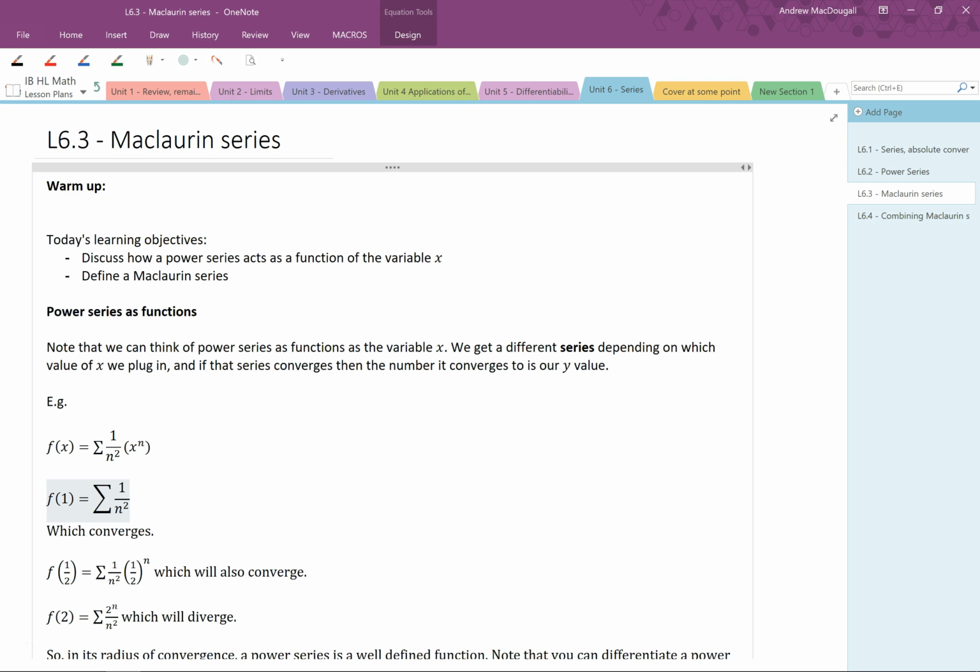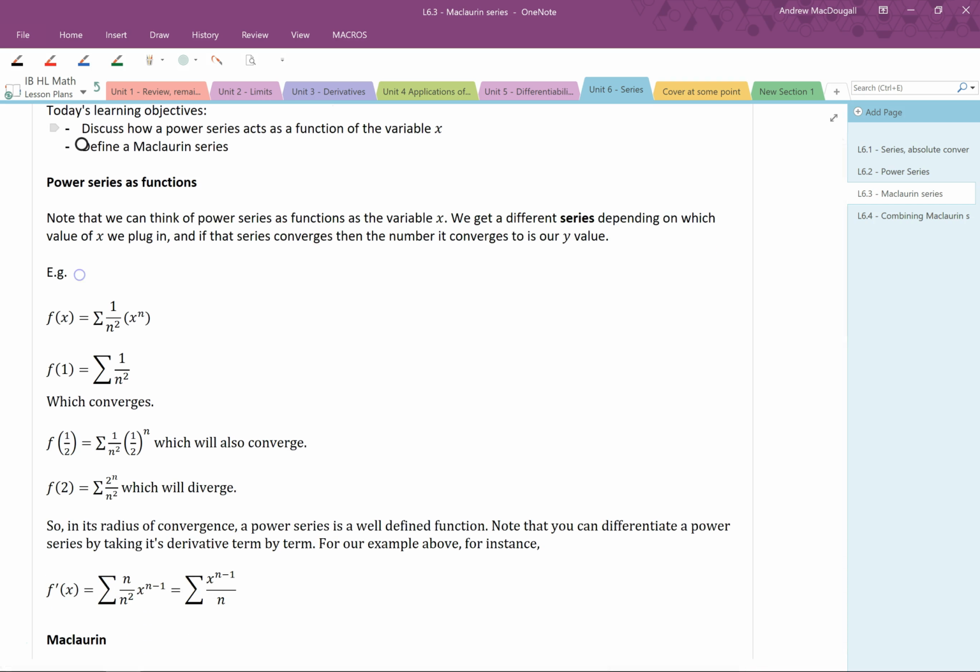So, we are going to look at power series now. Power series as functions. If we take a power series like this, and I didn't put the bounds, this is the sum from n equals 1 to infinity of x to the n over n squared, I can think of this as a function of x.